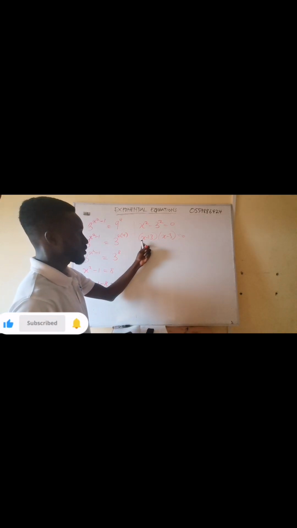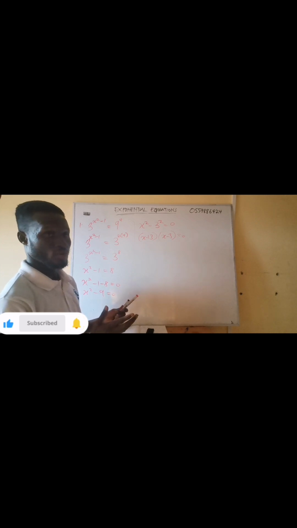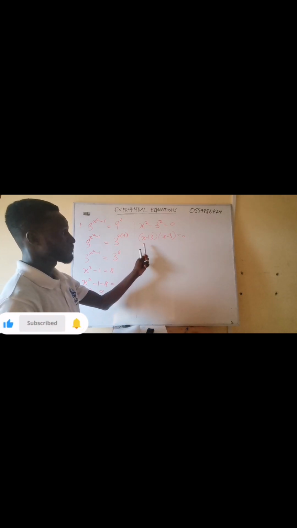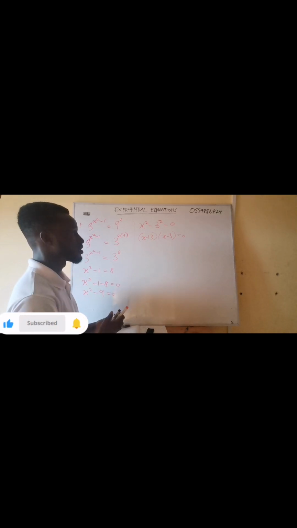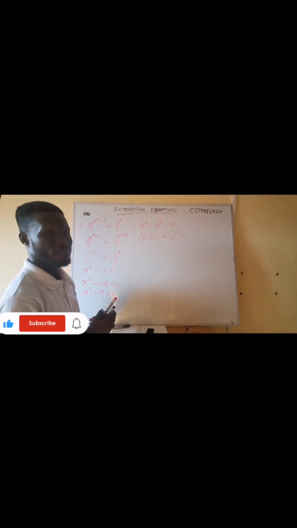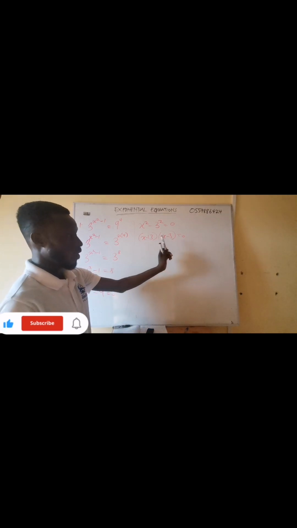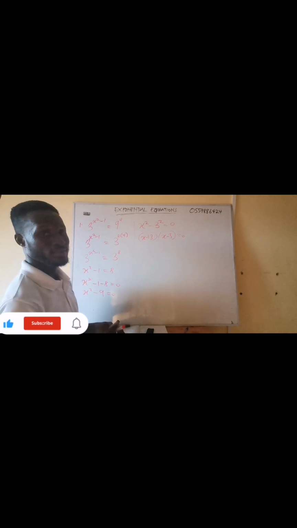Now we have this one times this one giving 0. When 2 things multiply to give 0, we consider 2 cases: either one of them is 0, or the other one is 0.